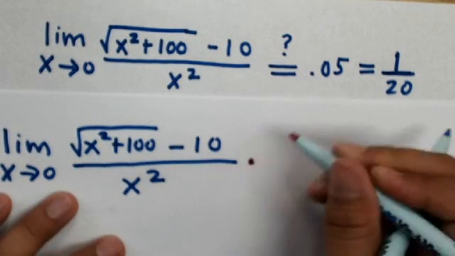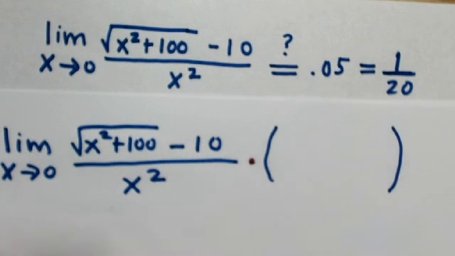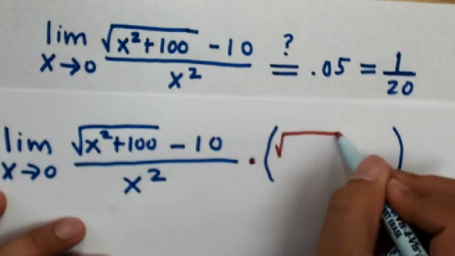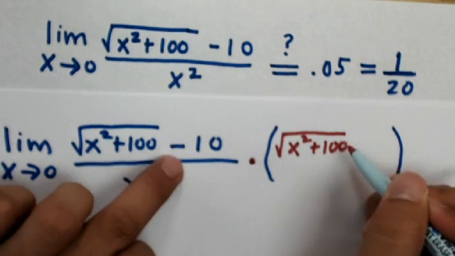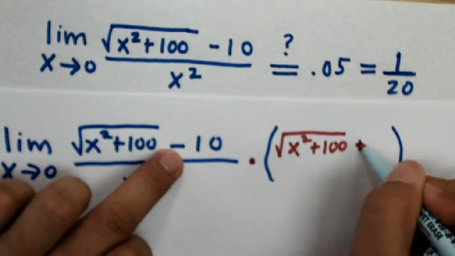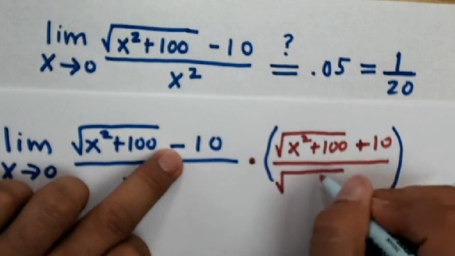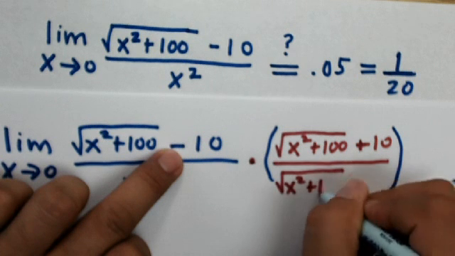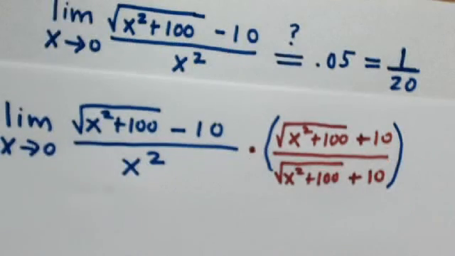The conjugate of the expression in the numerator is the square root of x squared plus 100. Instead of the minus 10, it would be plus 10, over the square root of x squared plus 100 plus 10. That's the conjugate.